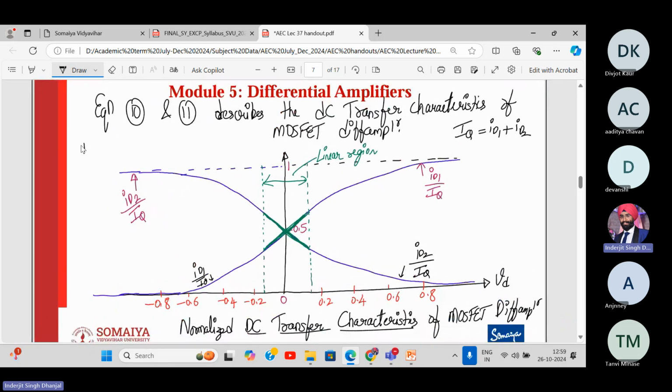And let me draw the small version of the differential amplifier over here and explain the working to you. And this is the supply. ID1, RD. This is output.